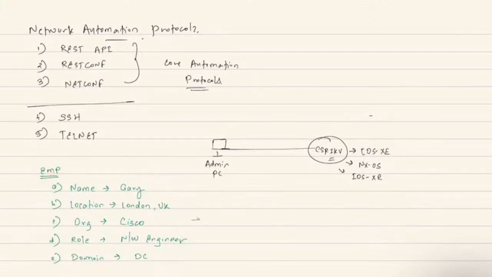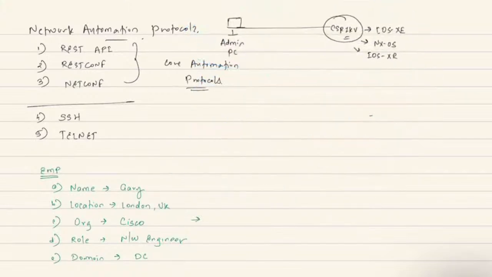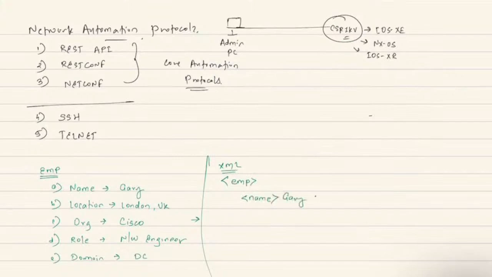When the same information is written in XML, it looks something like this: a tag is created called employee. Inside employee there will be a name tag, we write down the value and close the name tag, because XML is a language that gives heavy emphasis to tags.